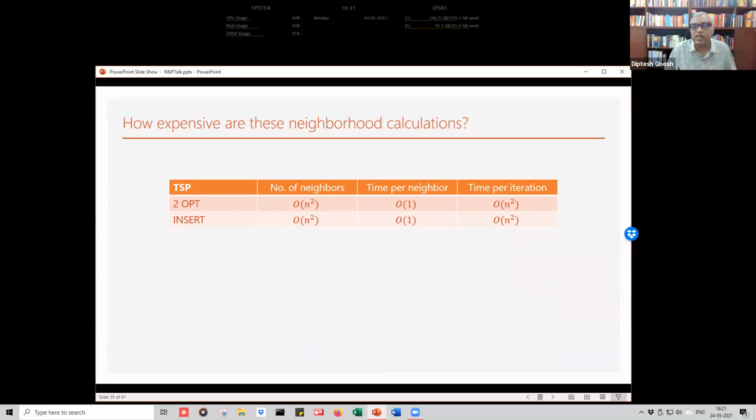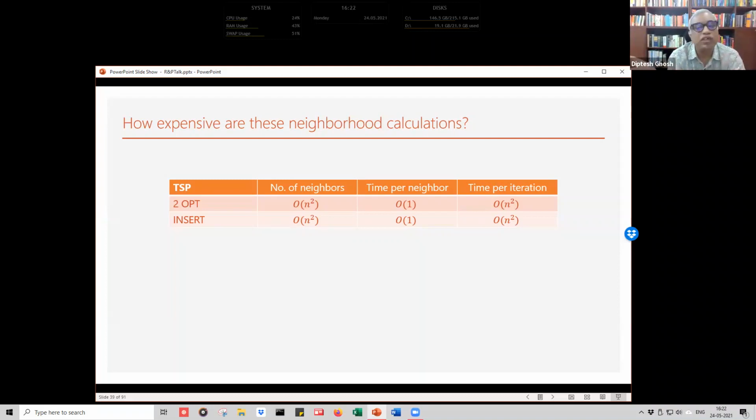So this might not seem like much, but every time we make this kind of change, the total time required for your local search shrinks a lot. These are relatively easy cases where you can reduce the time per neighbor. My PhD student and I are currently working on a related problem where computing the time per neighbor was taking order n to the 4 time.